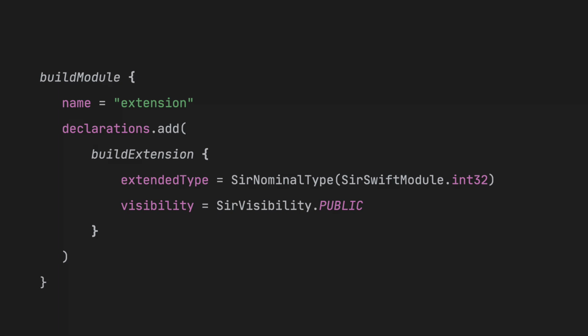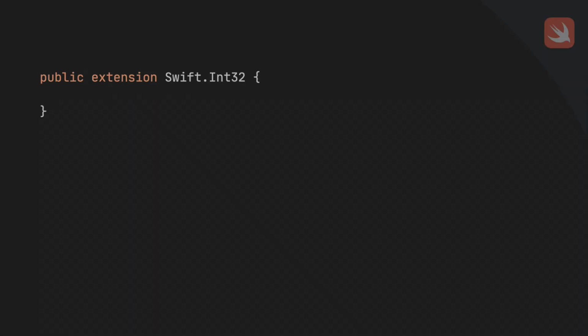What is the type that we're extending? In this case it is an Int32. So this is a very simple example of building an extension, and to build out what it's going to have in its body, you could add in more declarations as you want. That's going to build out your SIR tree. So in the end, this is the SIR tree for building out this extension.